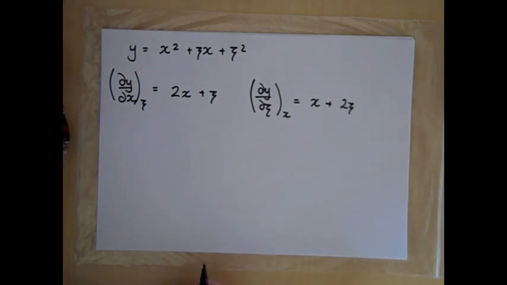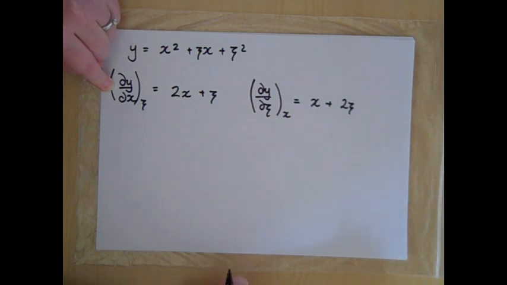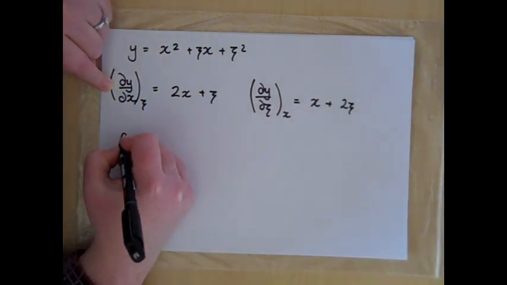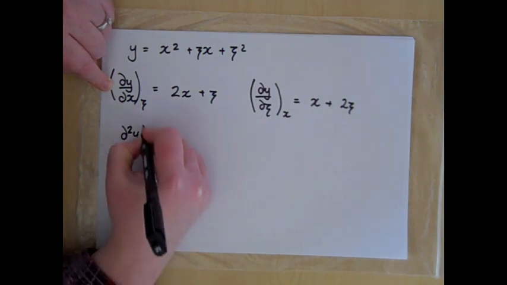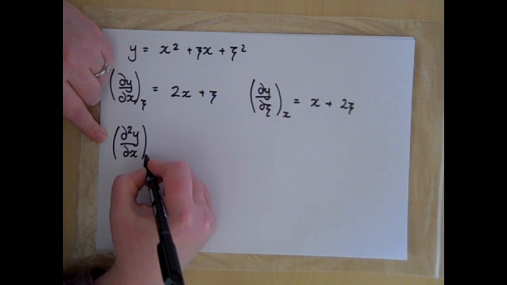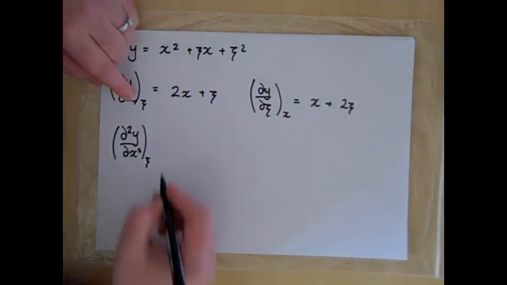Now, I can also carry on and have second differentials of this function. So I could differentiate this dy by dx again. In this case, we write delta 2y by delta x squared, again at constant z.